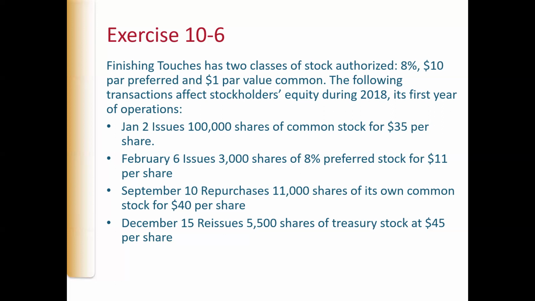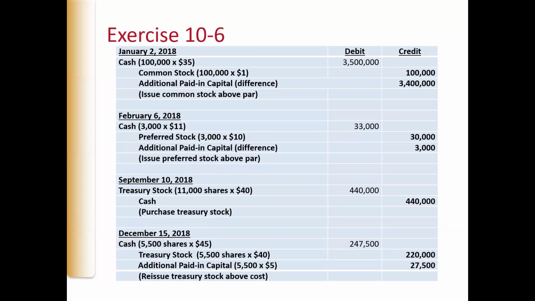So the first journal entry will be a debit to our cash for the full amount. We'll do a credit to common stock for the par value, and we credit additional paid-in capital for the difference.